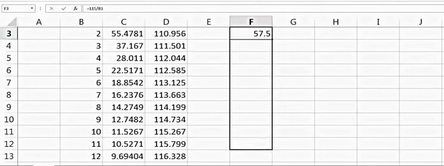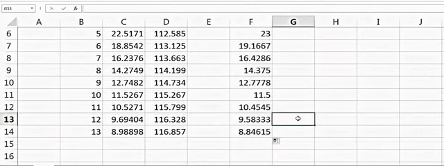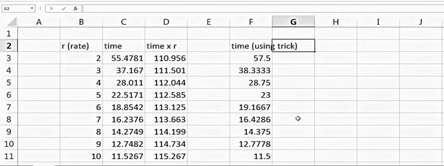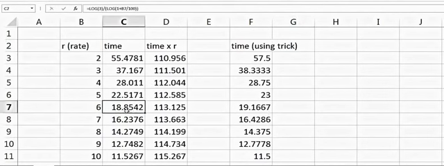If you keep extending it, it's like this. If you compare anything, like for 6% it says 18.85 years, but our trick says 19.16 years. So it is a good approximation. This is very close, it's 11.52 and this is 11.5.